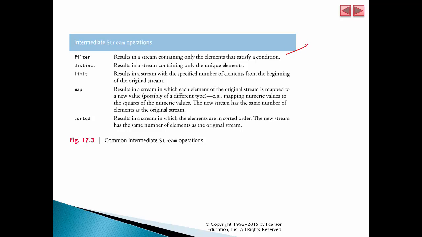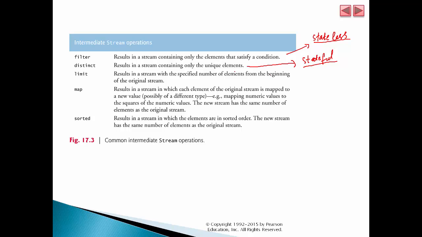The filter one is called a stateless intermediate operation, because in order to decide whether to let this particular element flow through the pipeline or not, it's not dependent on other elements, on a particular state. You can look into the particular element, and if it satisfies your condition, it flows through the pipeline, right? The distinct intermediate operation, on the other hand, is called stateful, okay?